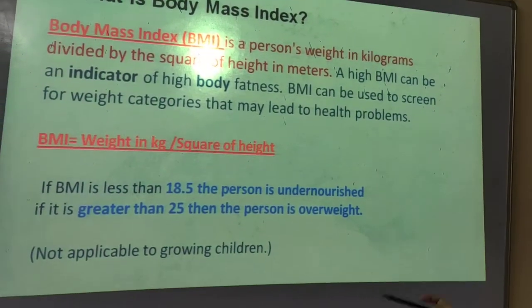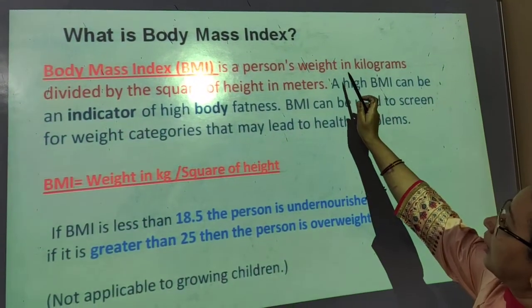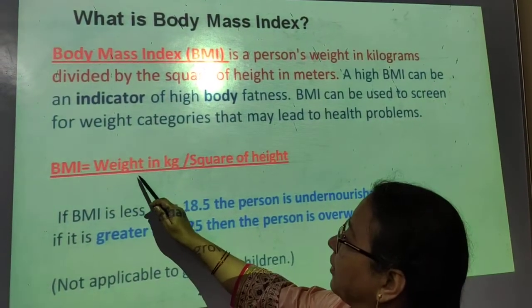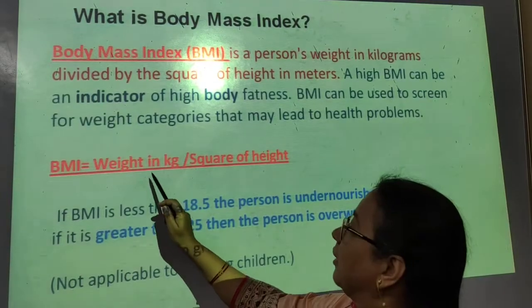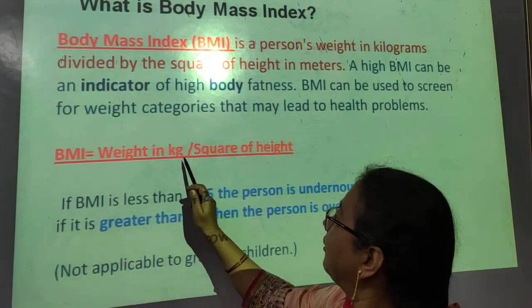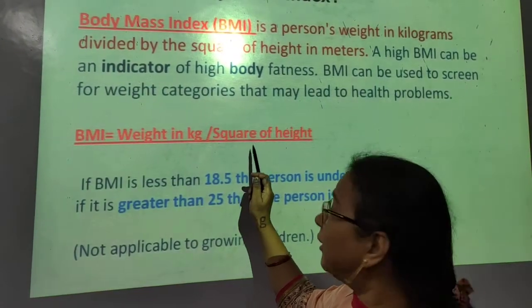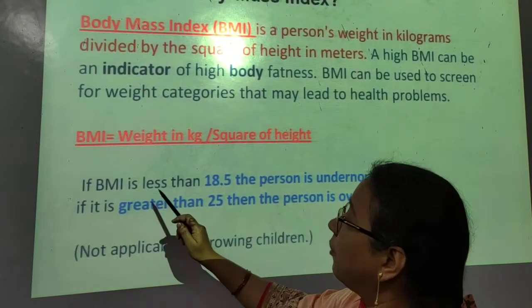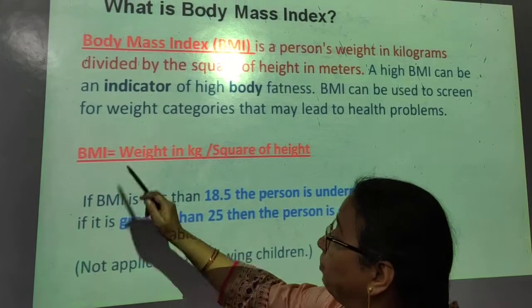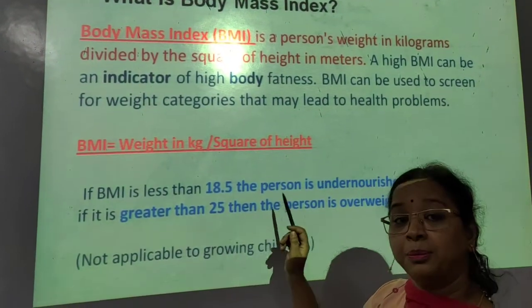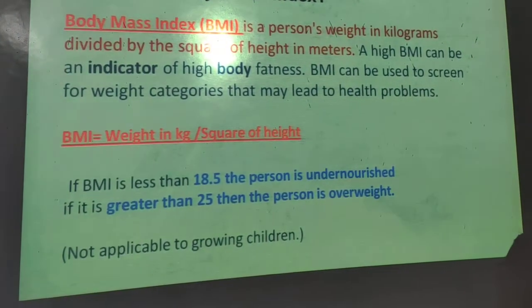Now what is the formula? As is already clear from the name, body mass index is the weight of a person in kilograms divided by the height taken in squares, with the unit in meters. After calculating the BMI, if the reading comes to less than 18.5, it means the person is undernourished.